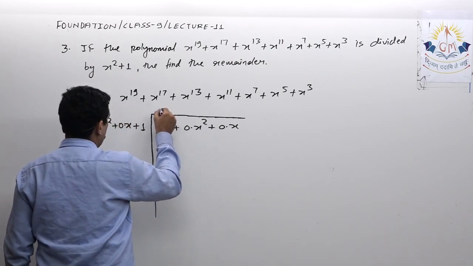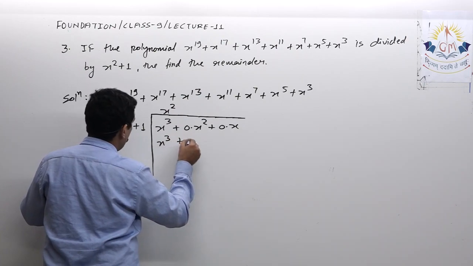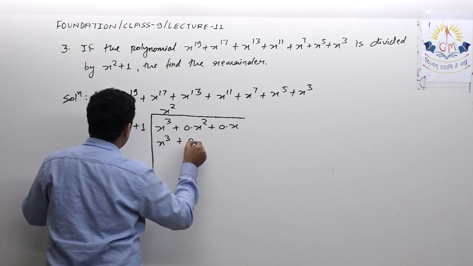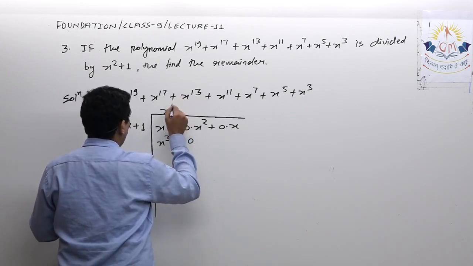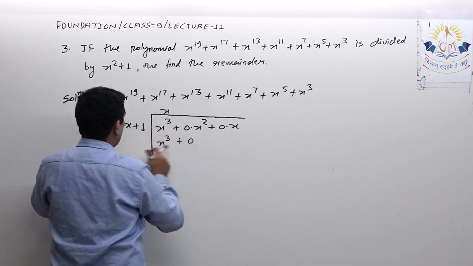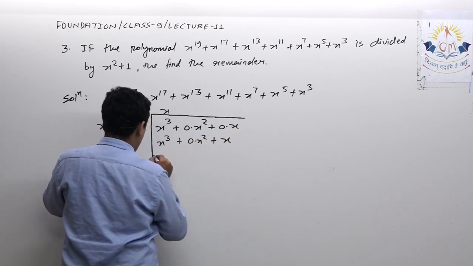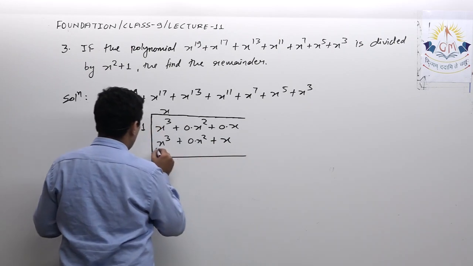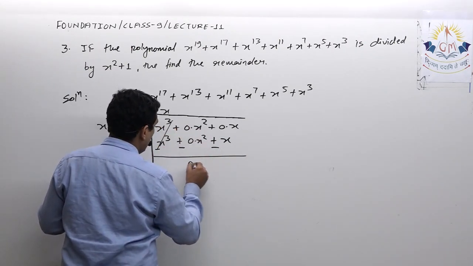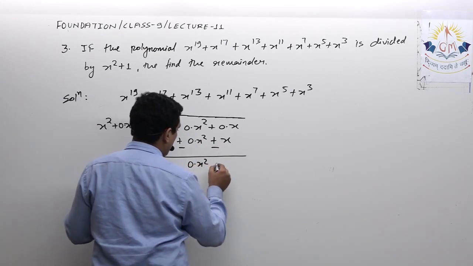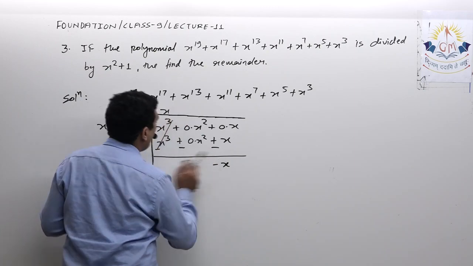Here the first term should be x, not x square. So x cube plus 0x square plus x. Minus, minus, minus, this will cancel out. Here actually I will get 0x square, that is nothing to write, and minus x.